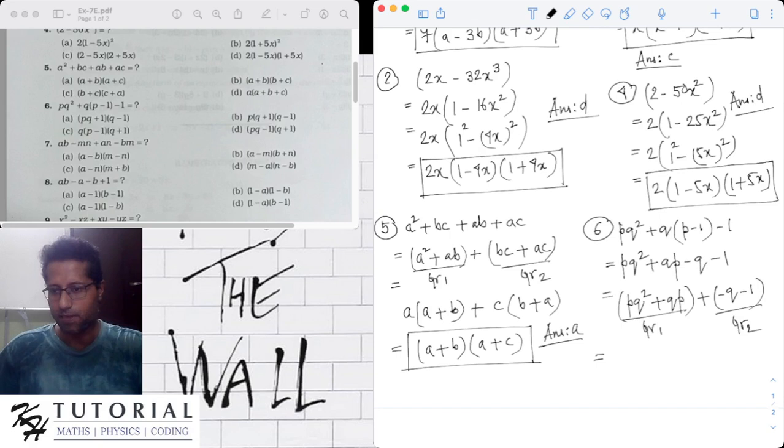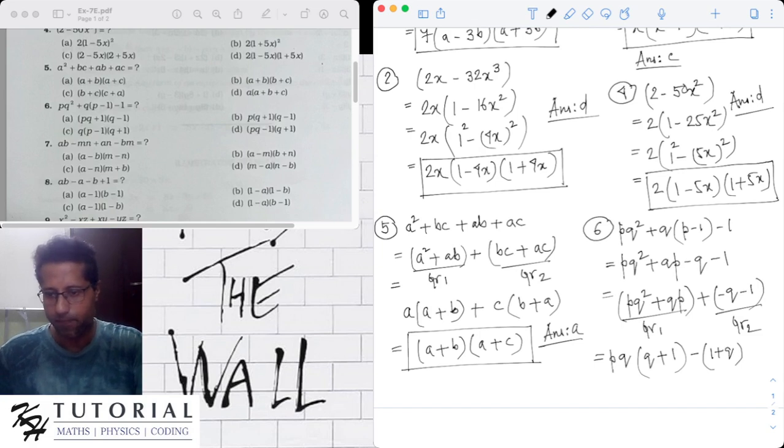Now I can see that I can factor out PQ. PQ is a common factor from the terms in group 1. So if I factor out PQ from the first group, I get PQ multiplied by Q plus 1. And there is no common factor in the terms of the second group, but if I take minus 1 common from all the terms in the second group, I get minus of 1 plus q, or q plus 1.